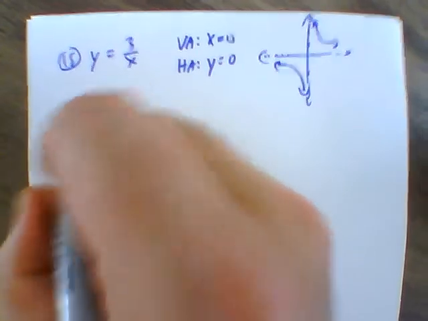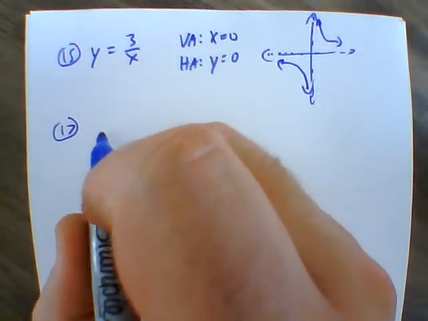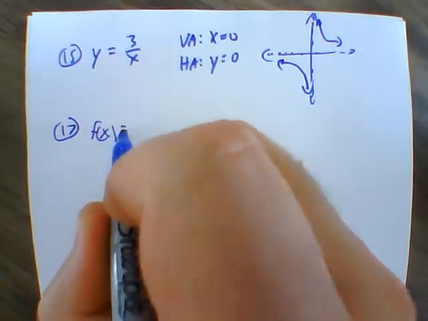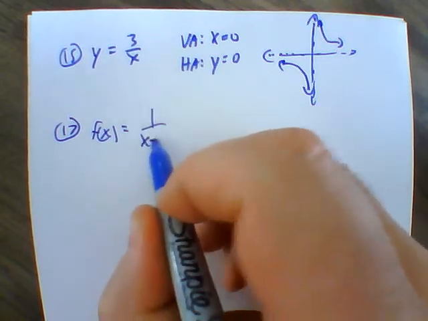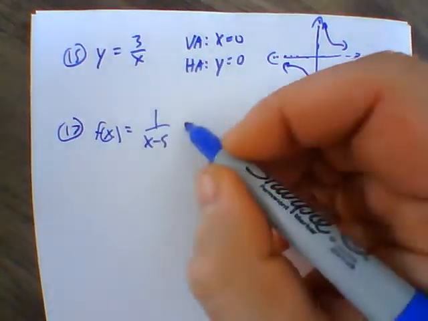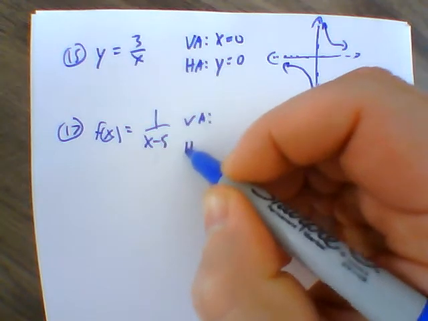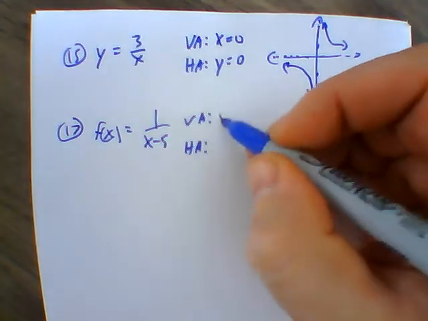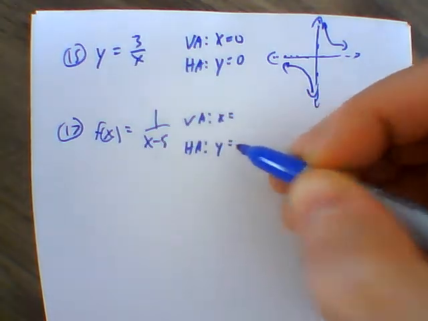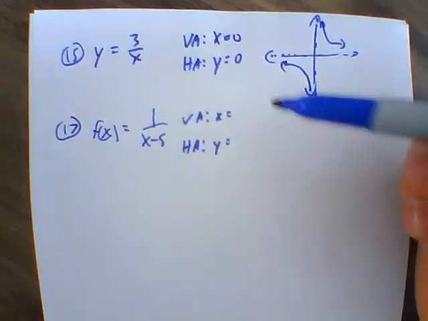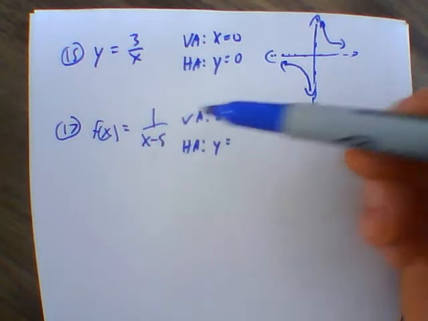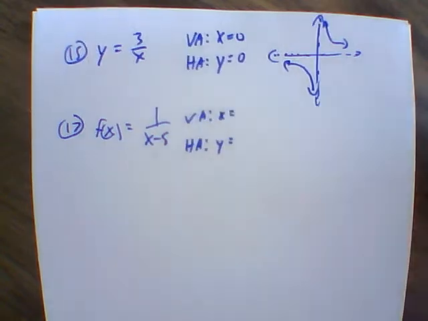Number 17. 17 says f of x equals 1 over x minus 5. Once again, vertical asymptote, horizontal asymptote, x equals, y equals. If we consider this problem, for that vertical asymptote, we're looking at the opposite of what's in here.